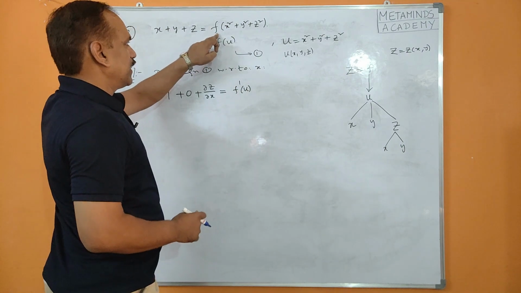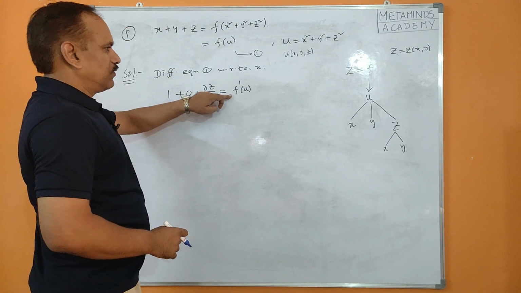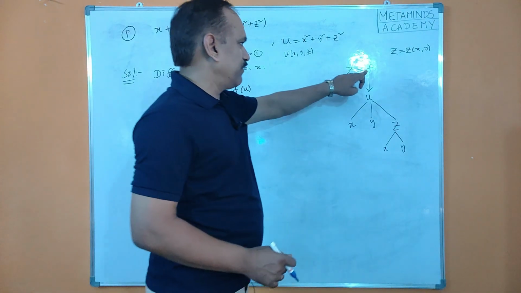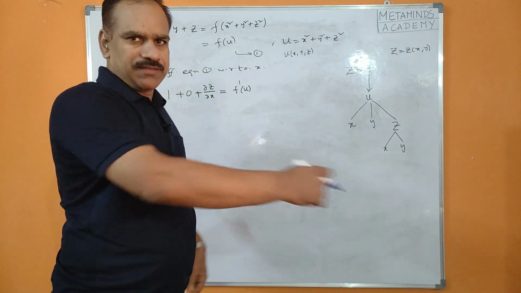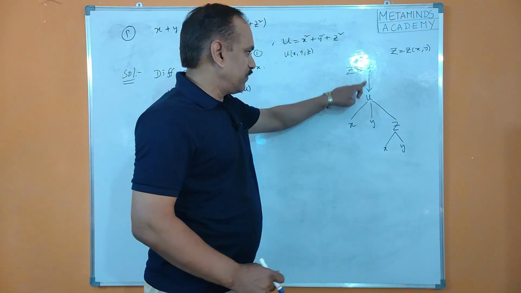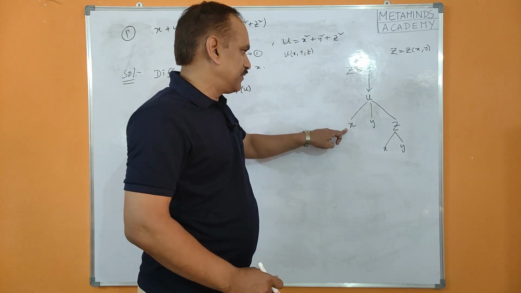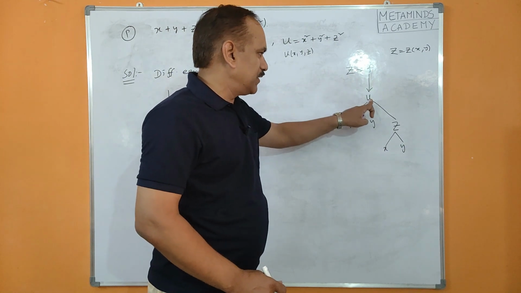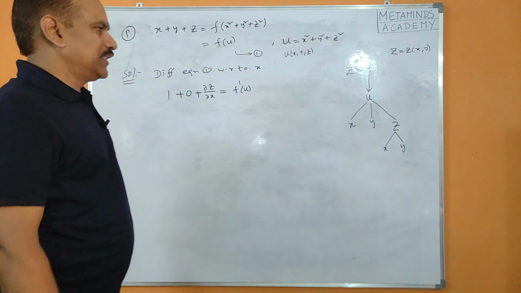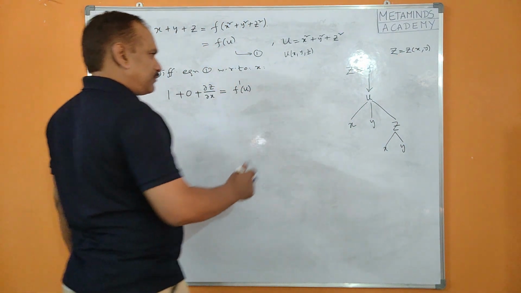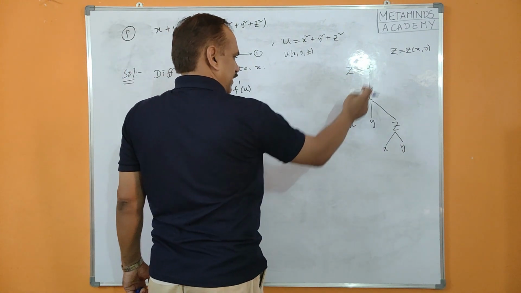Now you are differentiating the right hand side with respect to x. How many branches do you have with x? This is one branch, f u x. You have another branch, f u z x. So you can differentiate f with respect to x.